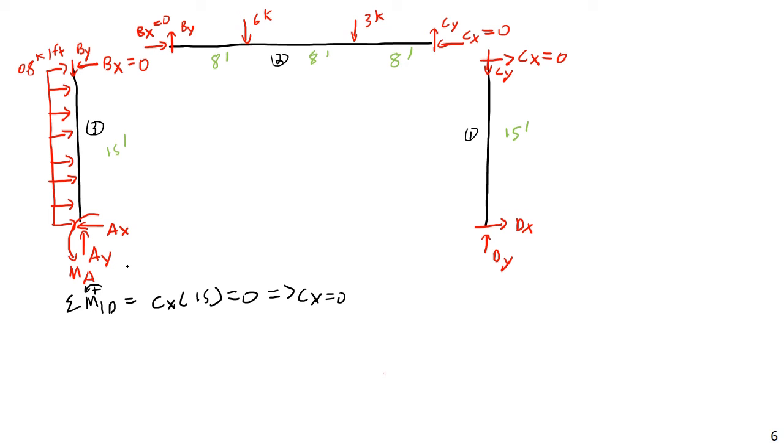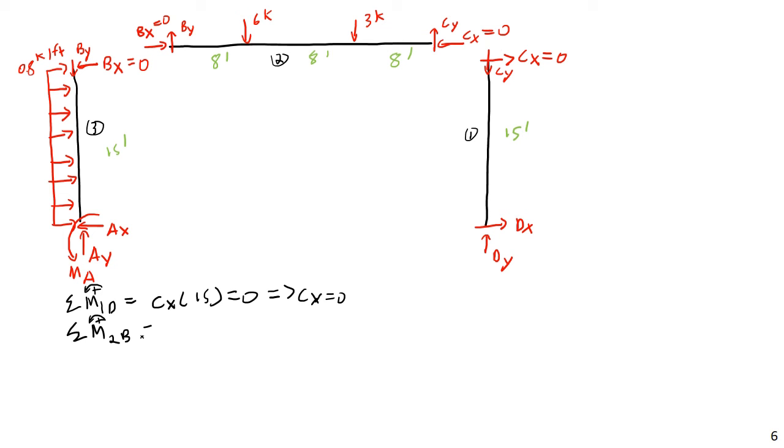So we have Bx equals Cx equals 0. Then, let's take some moments about B. Yeah, let's do that. Let's get Cy. That would be a good thing to do. Let's do a sum of moments on object 2 about, say, point B.